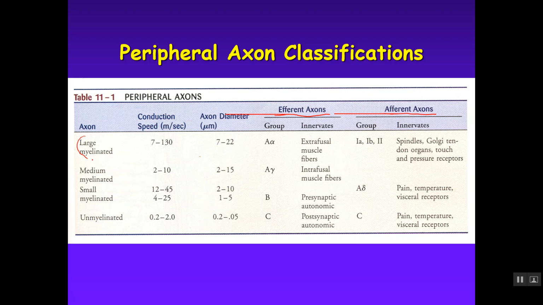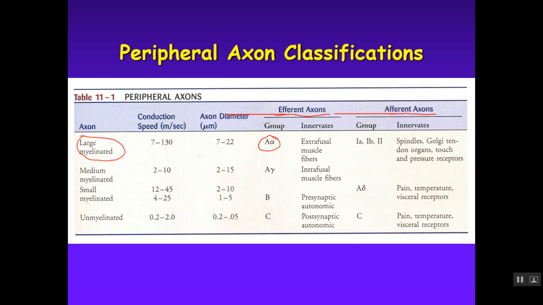If it's large and myelinated and it's an efferent axon, it's likely going to be an A alpha, okay? It's an alpha motor neuron, right? And A alpha is the type of axon that's coming out from like an alpha motor neuron. Now we have the alphas and the gammas, okay?